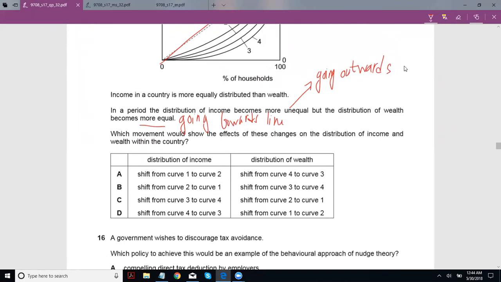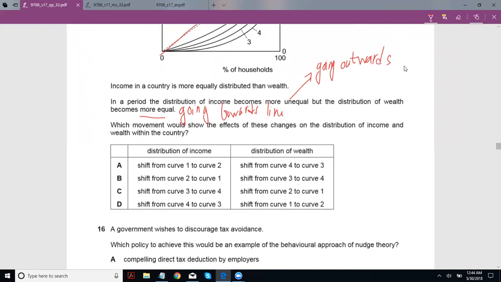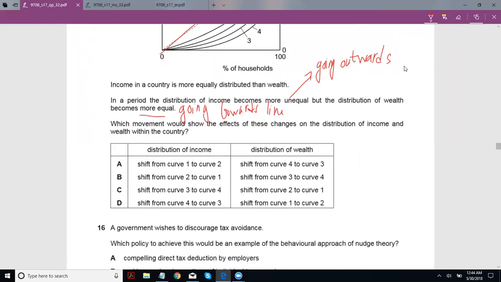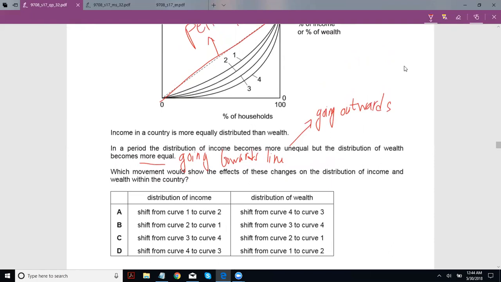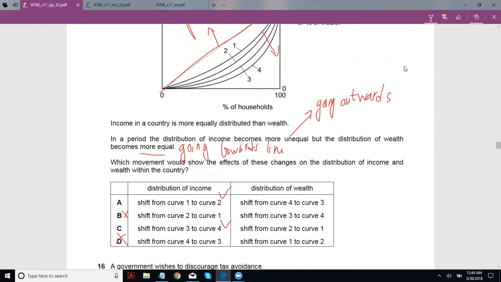Which movements would show the effects of these changes on the distribution of income and wealth within the country? Income is becoming more unequal, so it has to go outwards. So 1 to 2 works, 2 to 1 does not work, 3 to 4 works, 4 to 3 does not work. So you're left with these 2 options.